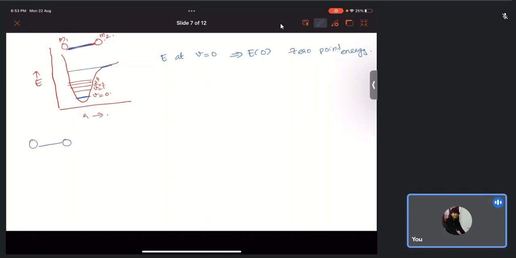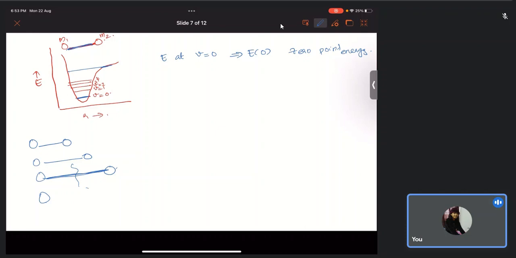So if you have a bond like this, and if it is going to vibrate like this, after a point of time this is going to break apart, because we are taking the two atoms which form the bond to a distance where they can't share the atomic orbitals to form the bond itself.